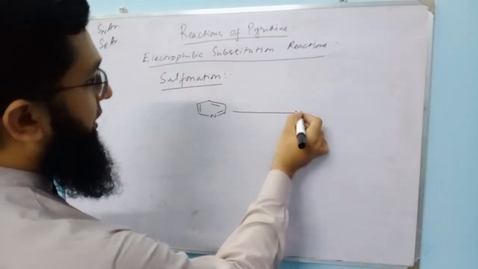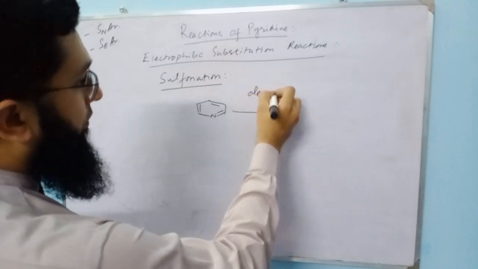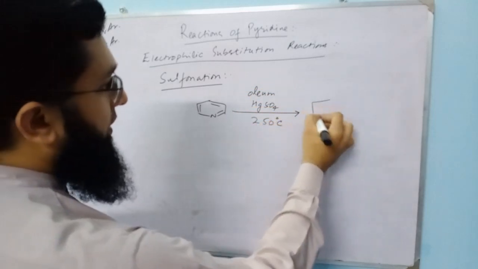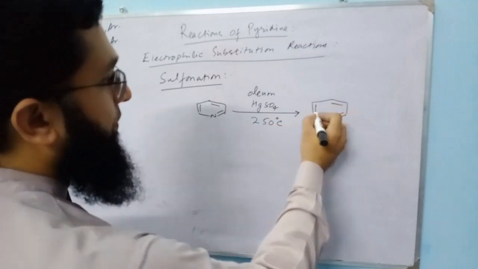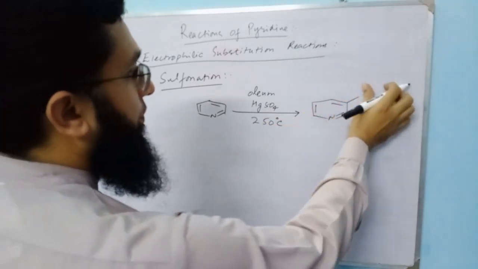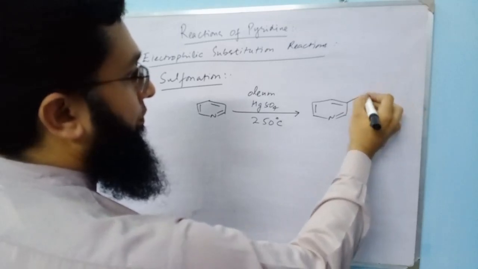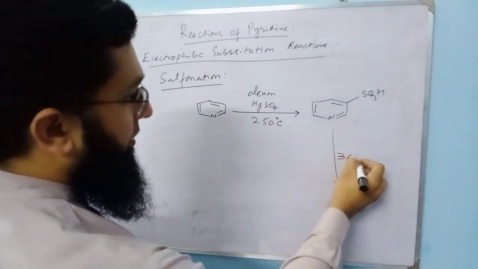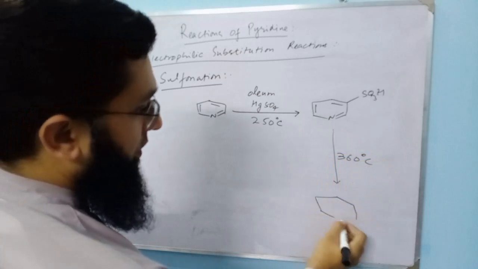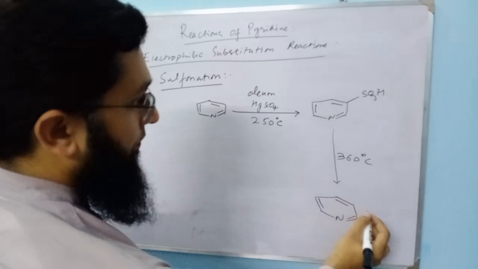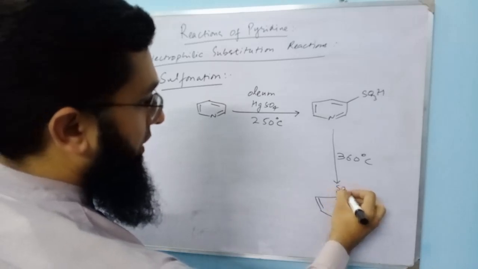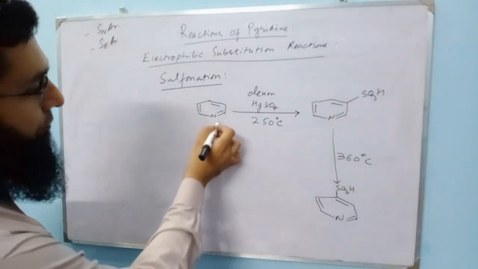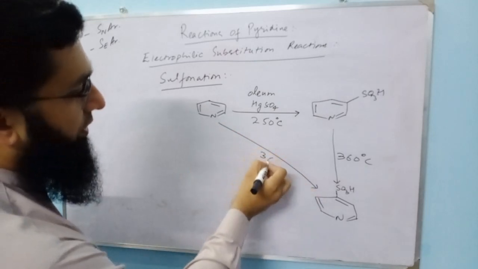For example, if we treat it with oleum in the presence of HgSO4 at 250 degrees centigrade, we get 3 sulfonic acid derivative, and it can be converted at 360 degrees centigrade to 4 sulfonic acid derivative, which shows that this reaction is thermodynamically controlled, and this can also be formed directly from pyridine at 360 degrees centigrade.